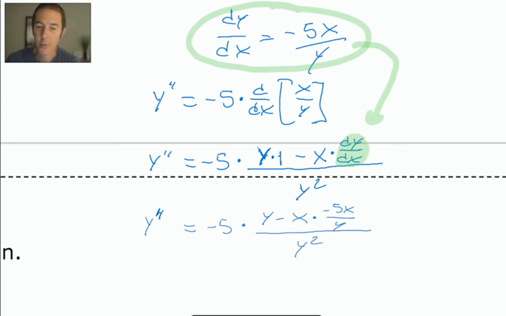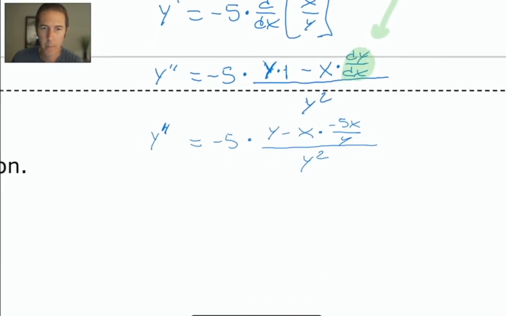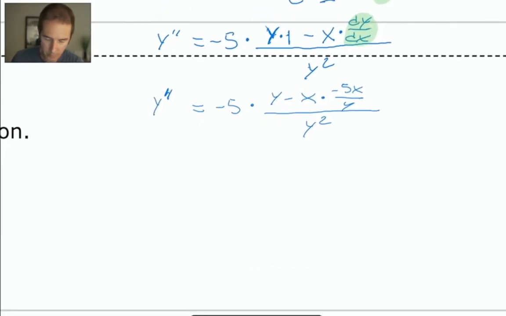All right, so I would say maybe let's make up a couple of common denominators and see what we can do about consolidating this a little bit. Doesn't hurt to stay up on our algebra skills. In the numerator, I'm going to write that as y squared over y, in order to have a common denominator of y.